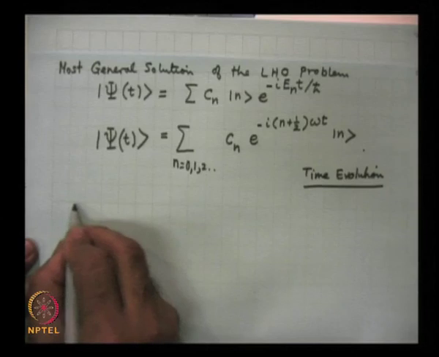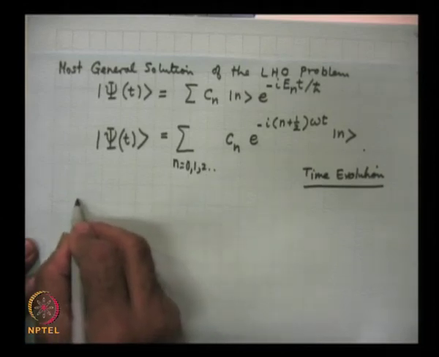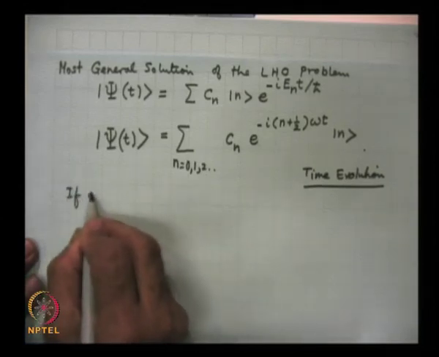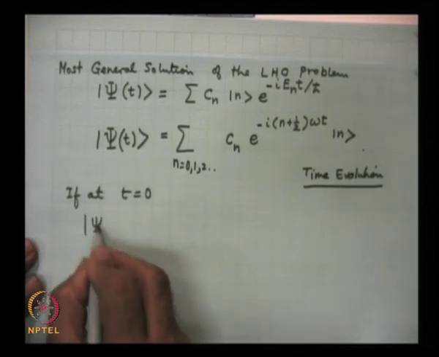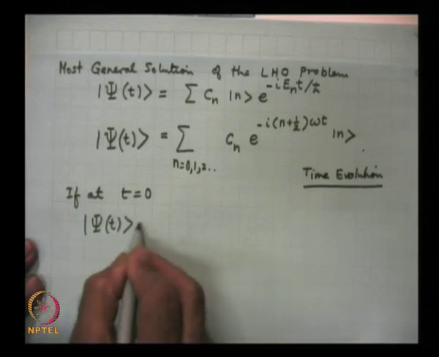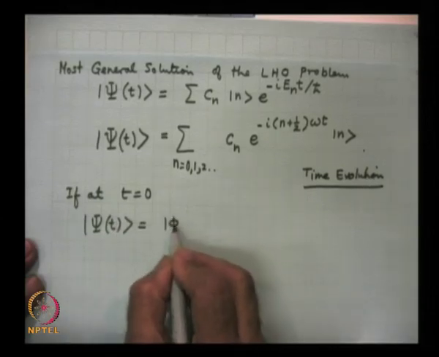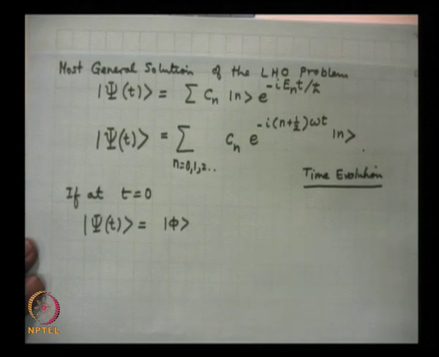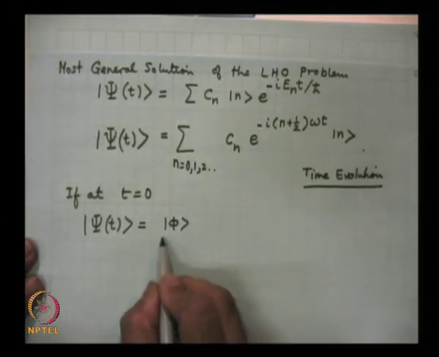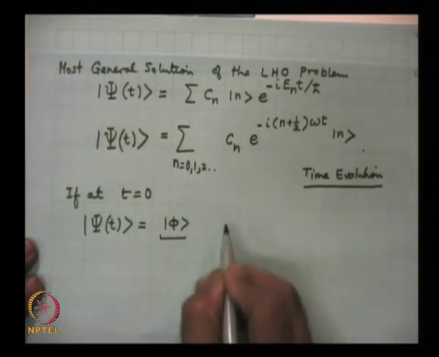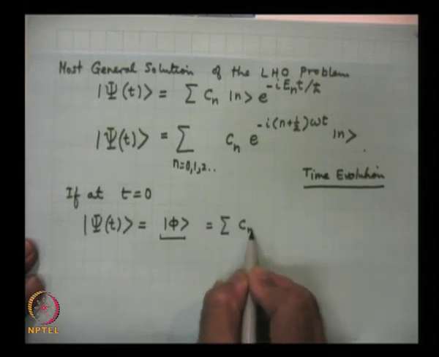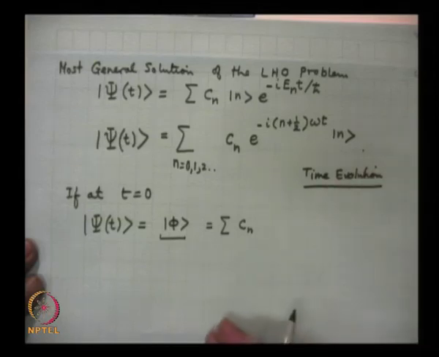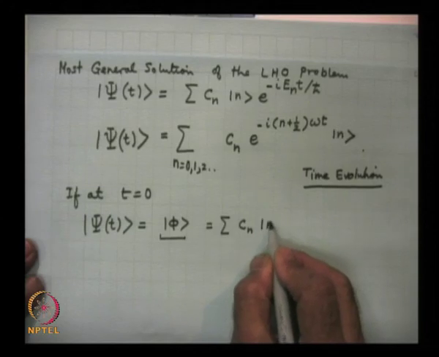So, if at t equal to 0, psi of t is, let us suppose, something like phi, then what we should do is expand this in terms of the normal modes of the system, in terms of the orthonormal kets of the harmonic oscillator.